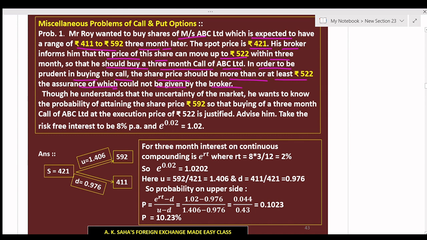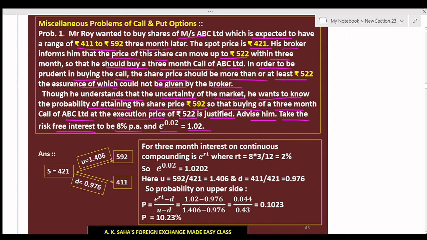Though he understands the uncertainty of the market, he wants to know the probability of attaining the share price of rupees 592, so that buying a 3-month call of ABC Limited at the execution price of rupees 522 is justified. Advise, taking the risk-free interest rate to be 8% per annum and e to the power 0.02 equal to 1.02.